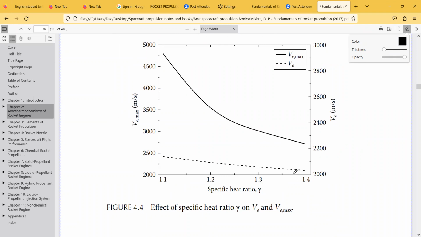Here also you can see the same quantity, but as gamma becomes high, what is the value of V_E max and V_E? This is V_E, this is V_E max. If I take this point, V_E max is somewhere around here, and our V_E is around here. So there is some difference between V_E and V_E max.